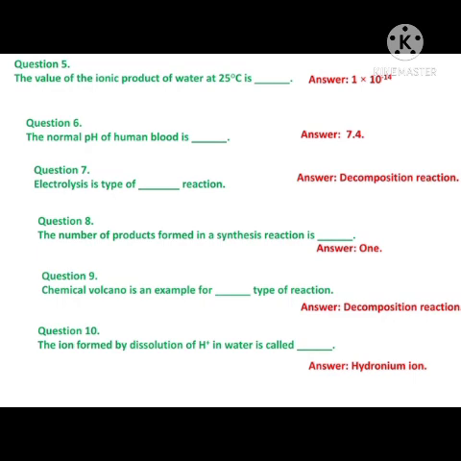Yes, that is a decomposition reaction type. Tenth one, the ion formed by dissolution of H plus in water is called as hydronium ion, H3O plus, that is otherwise known as H plus ion. So that is called hydronium ion.